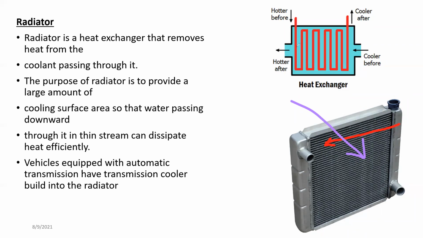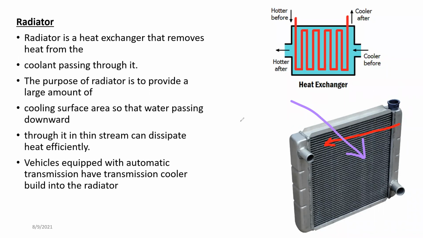That's what is shown here. Hot coolant travels through this red line, and the colder air comes through and leaves as hotter air, with increased temperature. That's what happens in a radiator.